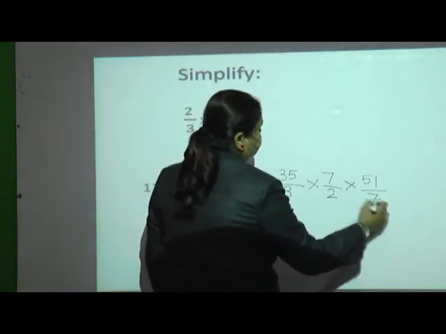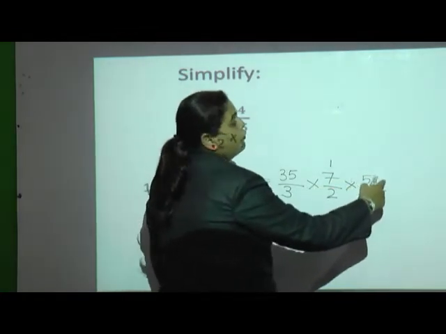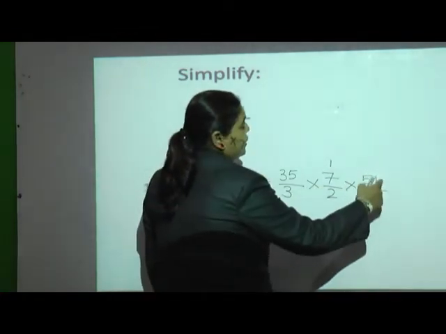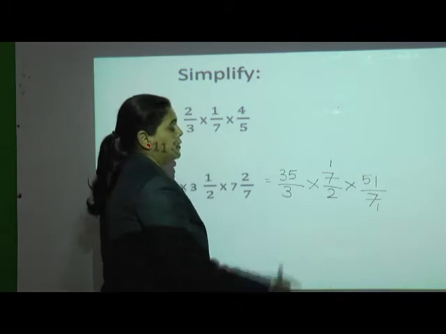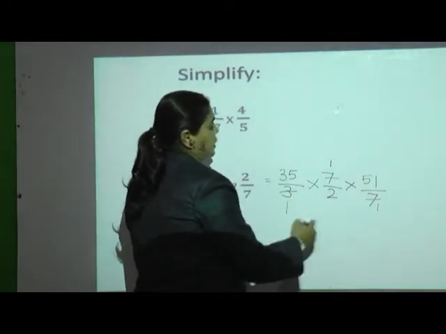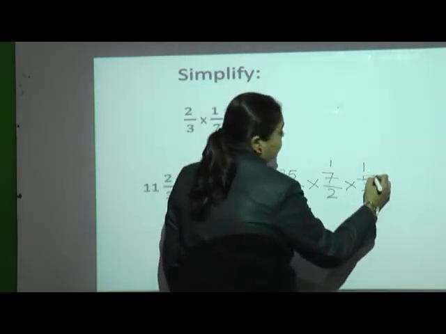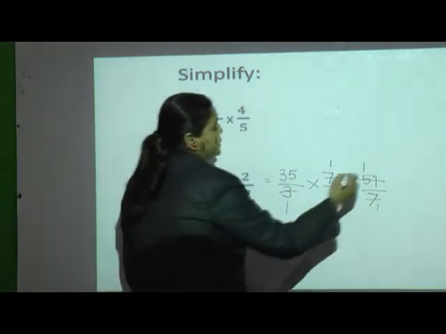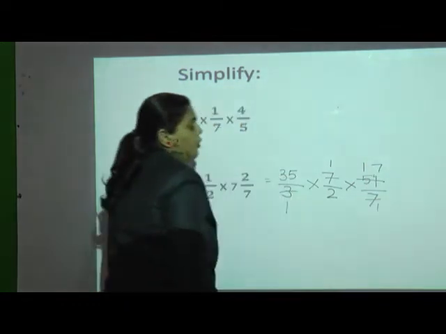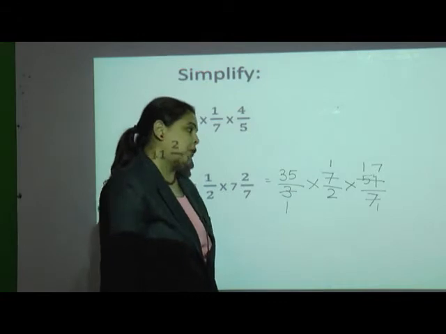Here 5 plus 1 is 6, which is the divisibility rule of 3. Yes, we can reduce. 3 ones are 3, and 3 sevens are 21. Or if you know the table, 17 threes is 51.